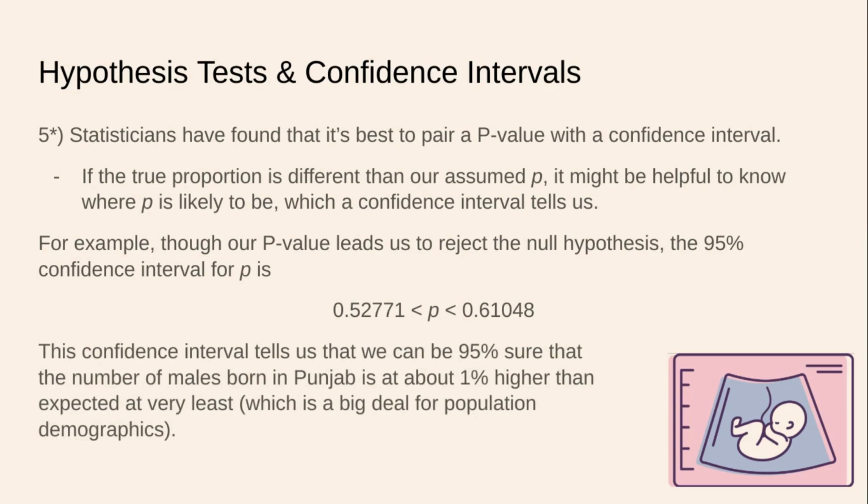The confidence interval tells us we can be 95% sure that the proportion of males born in Punjab is about 1% higher than expected at the very least, which for population demographics, especially in the most populous country in the world as of now, is a big deal. 1% is a massive deal.